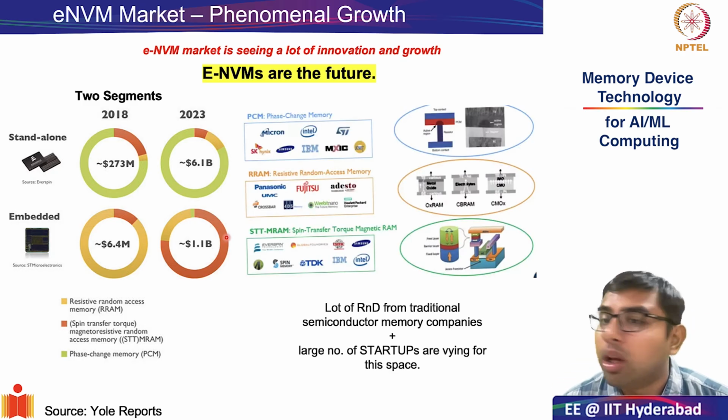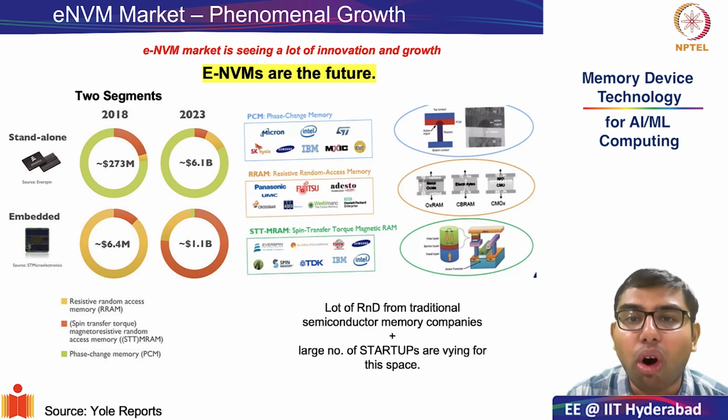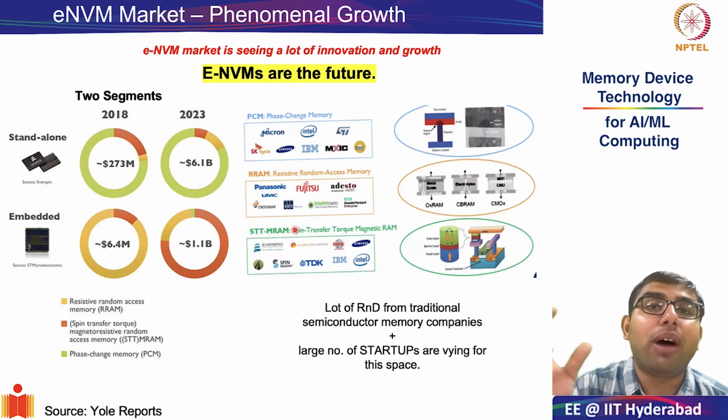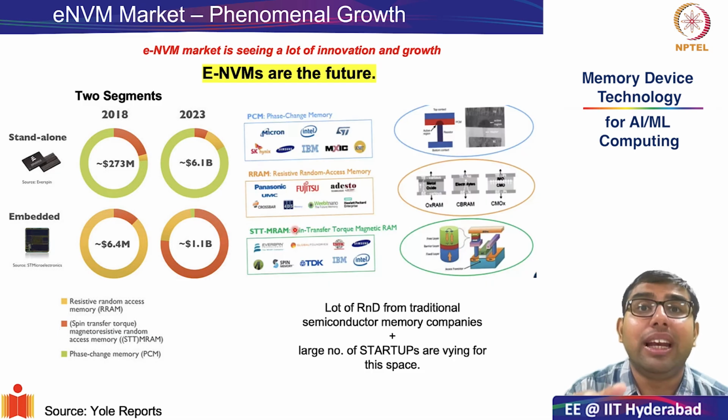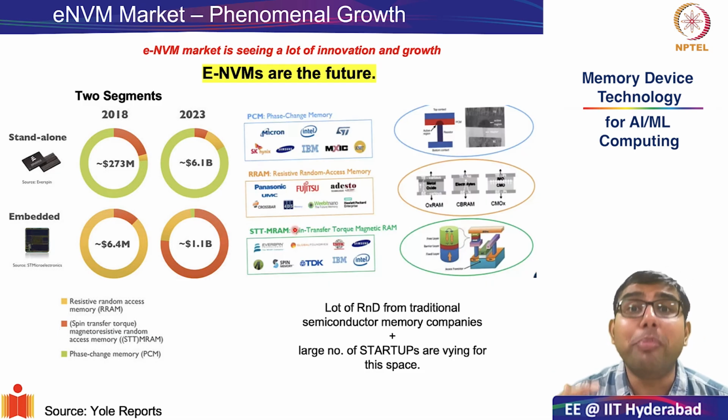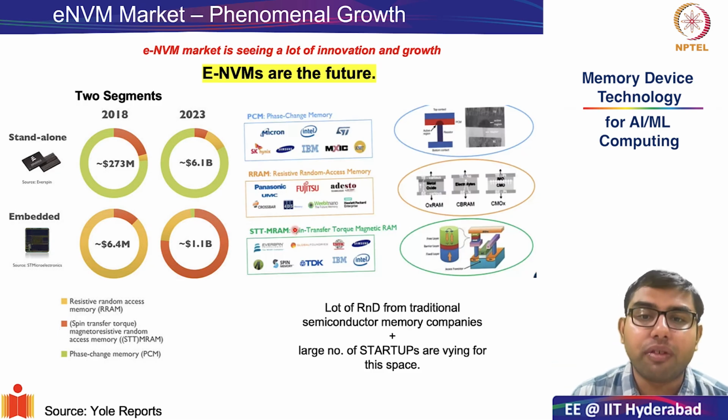Okay, so the interesting thing about all these three kinds of candidate technologies, whether it's PCM, RRAM or STT-MRAM, is that a lot of old traditional companies like Intel, IBM, Fujitsu, ST Microelectronics, Micron, all of them are looking very closely at them because they are supposed to be the future, and you don't want to miss the bus on these kind of technologies.